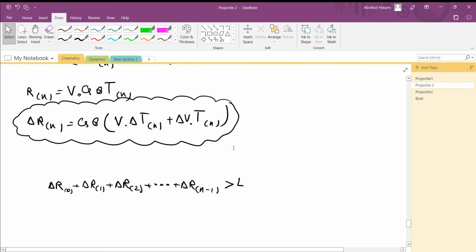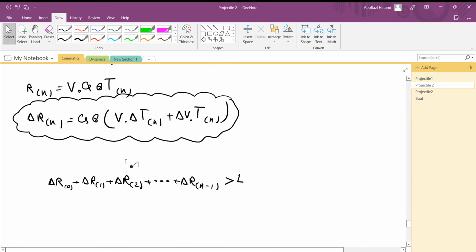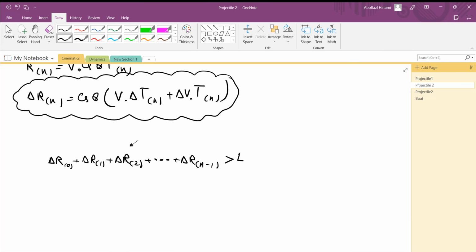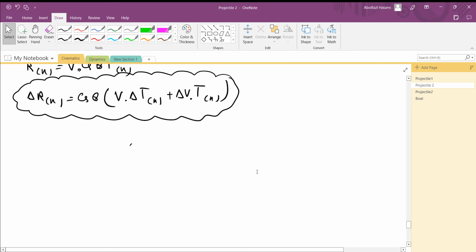But for calculating this sum, let me directly find delta Rn as a function of n, not as a function of Tn and delta Tn. Let me erase this for now, and copy this.